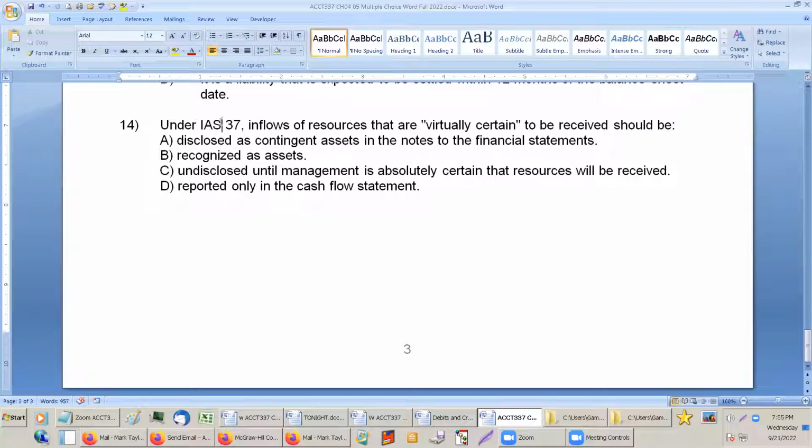Under IAS 37, international standards, resources that are virtually certain to be received should be recognized. This is another kind of strange thing, and it has to do with contingent liabilities. If you are virtually certain to get some amount, you can actually put it on the books as an asset.